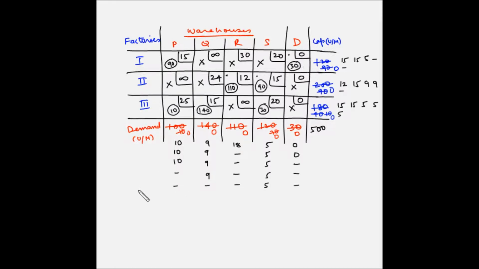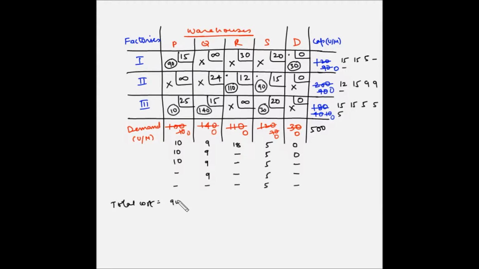Now let's calculate the total cost of transportation that we have achieved using this method. So the total cost will be the multiplication of the unit cost of shipping and the number of units shipped.